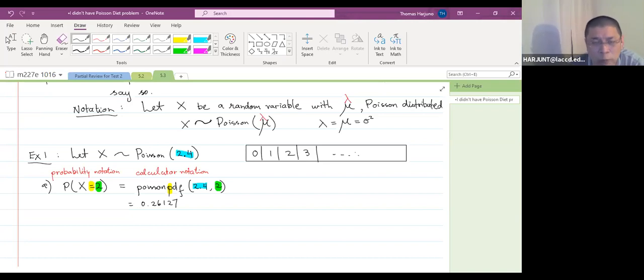Is it possible to have 100? Yes, possible, but the probability will be very, very small. But theoretically, that's possible. That's the only difference: the random variable for Poisson distribution will go up to infinity, while binomial goes up to the number of trials only. Let's see. Using the same idea I taught you earlier from binomial distribution, I assume you should be able to compute this.